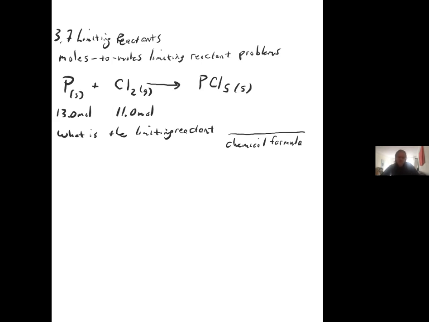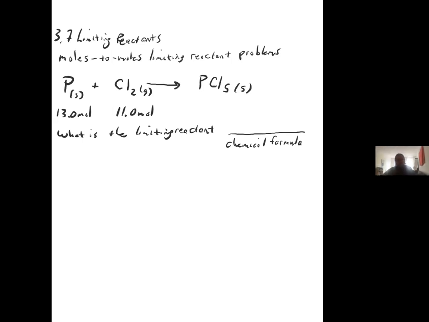Essentially, what you do is you figure out how many moles of the product you could get from each of the reactants separately. And you're going to get two answers, right? You'll figure out how much PCl5 you could get from the first reactant, phosphorus, P, and then how much you could get from the second reactant, Cl2. Pick the smaller of the two. Okay, that's all you do.